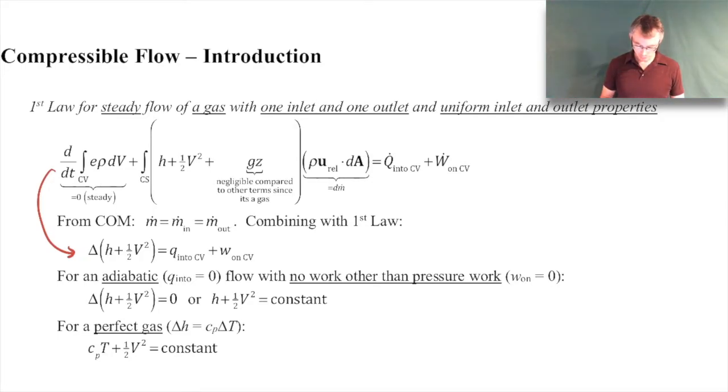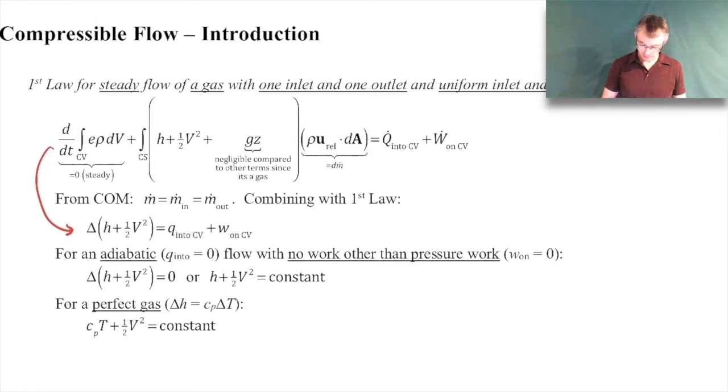And then if we assume that we're dealing with an adiabatic flow, such that there's no heat transfer and no work other than pressure work, such that the little w is 0, then we end up with this expression. Since this is just the change between the inlet and outlet of this total enthalpy term, it is equal to 0, or the total specific enthalpy remains a constant.